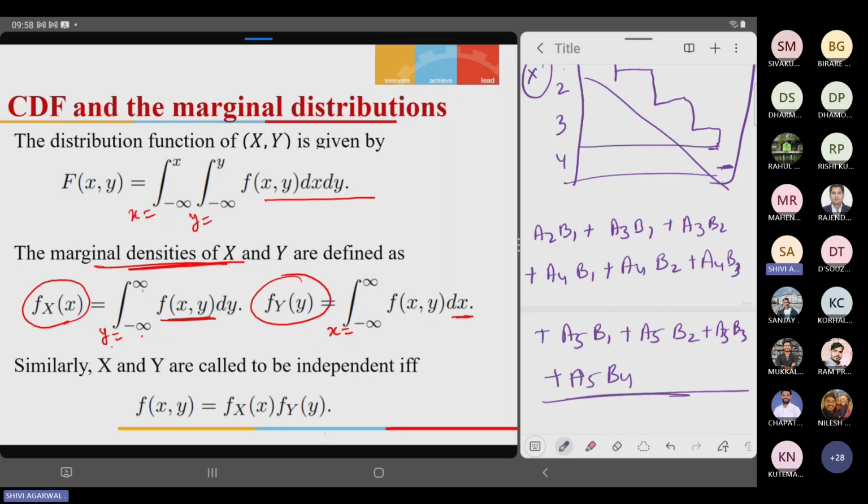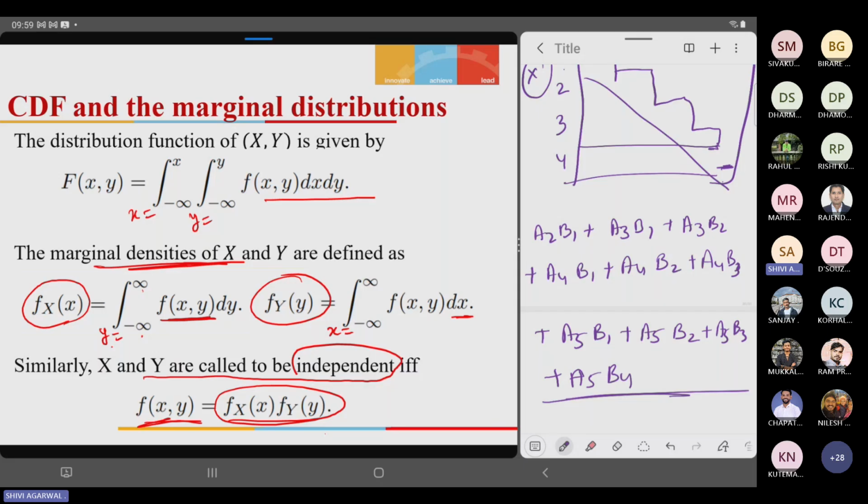Correct? X and y are said to be independent if the product of the marginals is equal to the joint. That is the same which we have already done. That the product of the marginals is equal to the joint distribution for all values of x and y, then it is known as independent. Otherwise, it is not independent here.